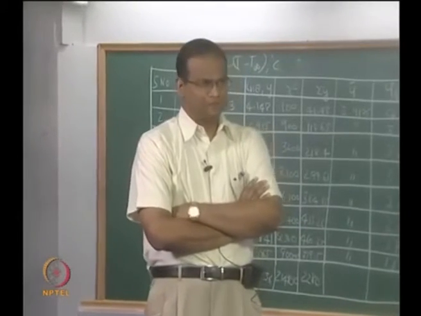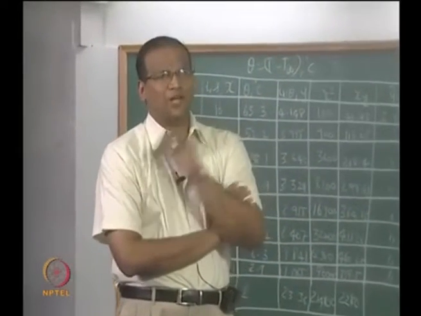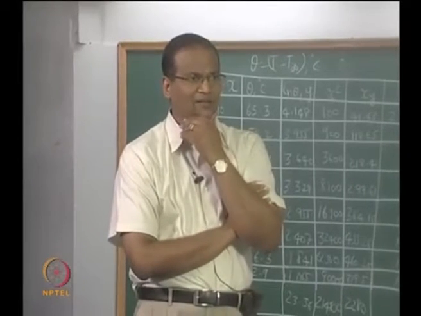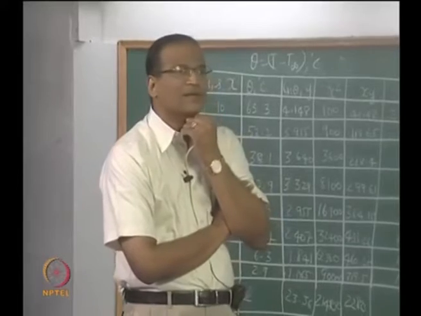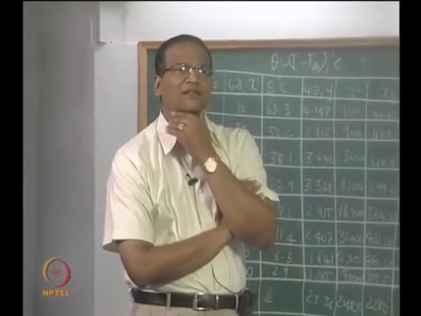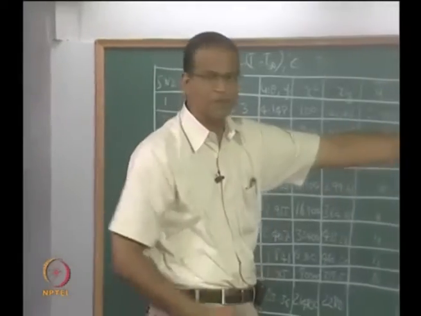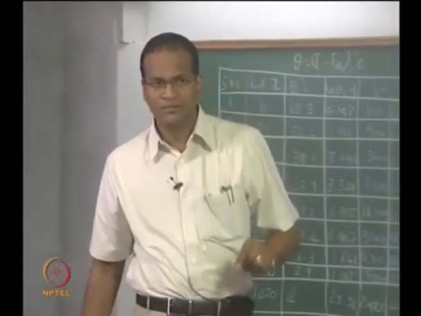That means at a particular time t, if you are using the correlation and obtaining the theta, there is a 99% chance that this theta will lie between this mean and plus or minus 3 times 0.1, correct.